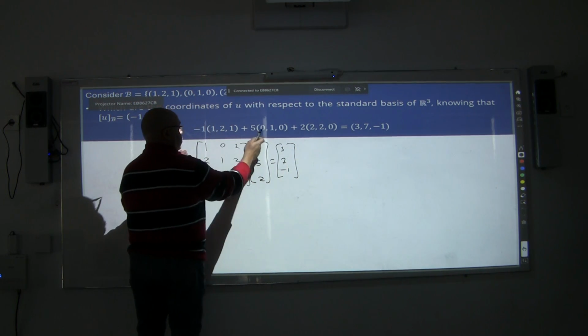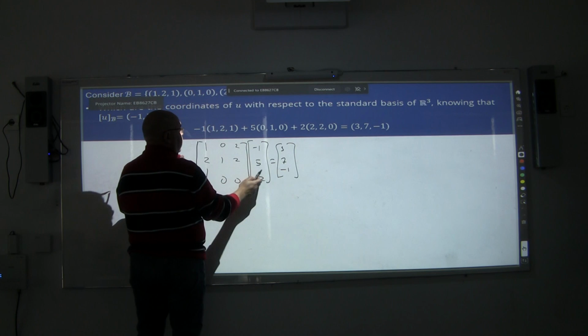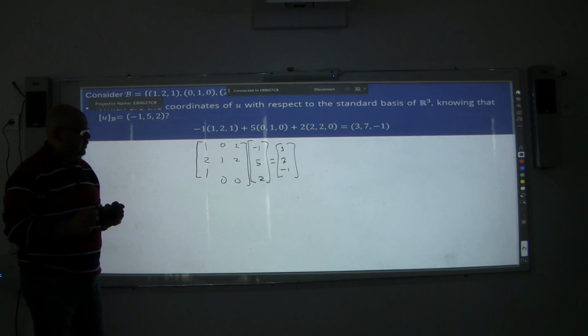If you multiply the first row by the first column, it's going to be -1, that's 0 and that's 4, the sum is 3, and so on, and you will get your result.